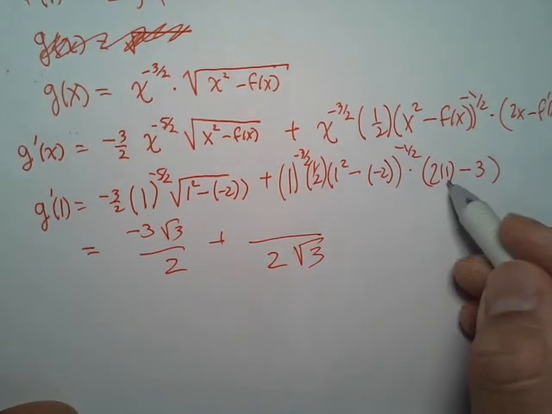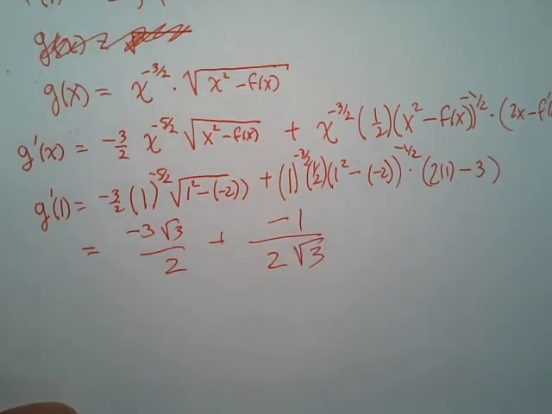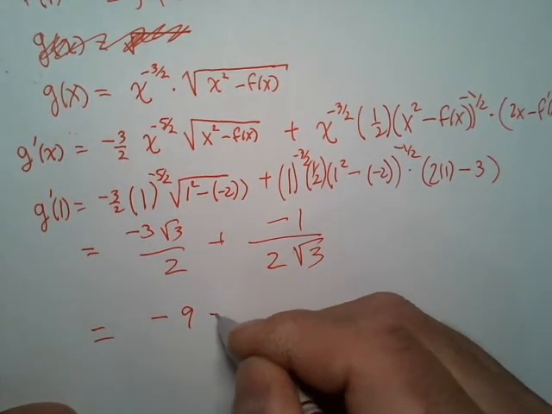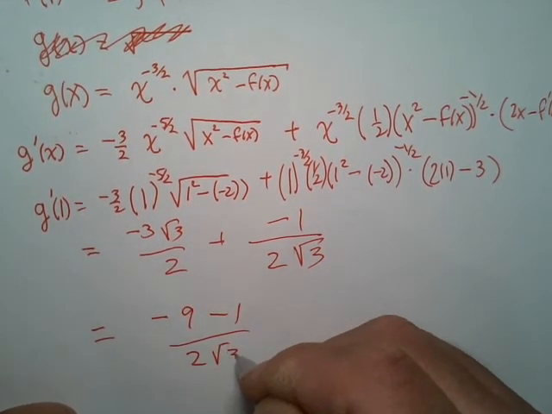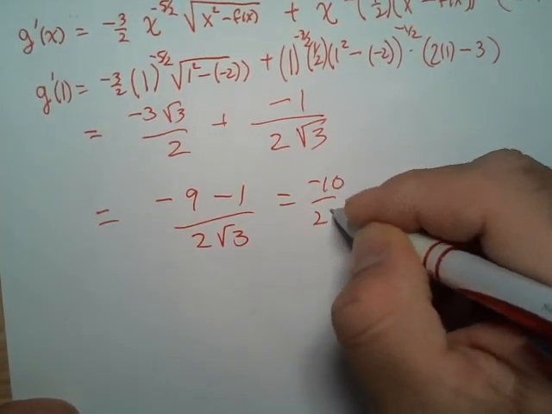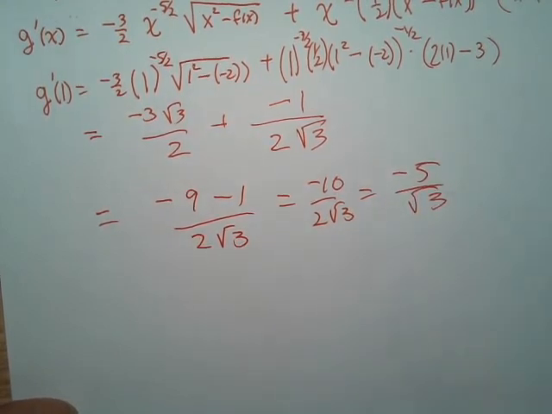And over here we got 2 minus 3, negative 1. And again, same expression that we've had before. So this will become 9 minus 1 over 2 root 3, which is negative 10 over 2 root 3, which reduces again to negative 5 over root 3.